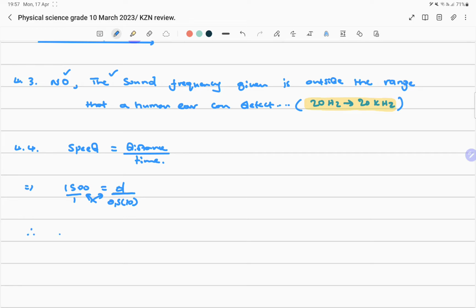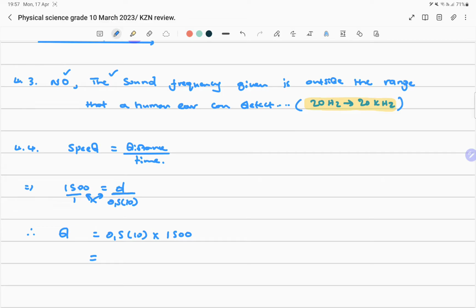Therefore d is going to be equal to 0.5 into 10 multiplied by 1500. So that will give us the depth in meters.